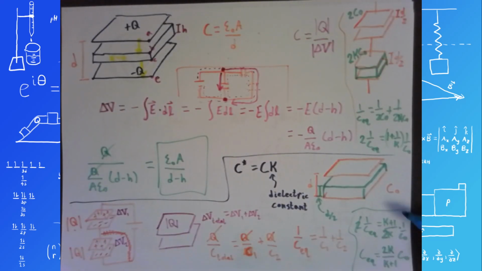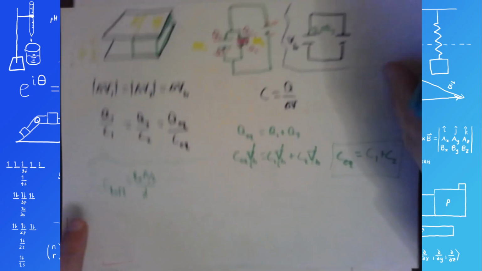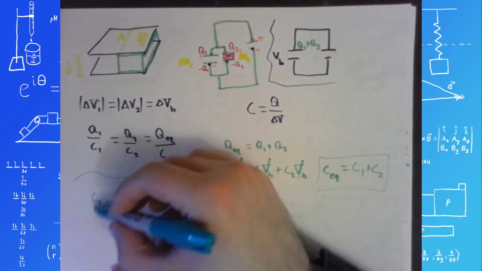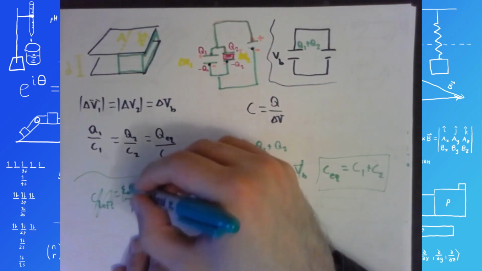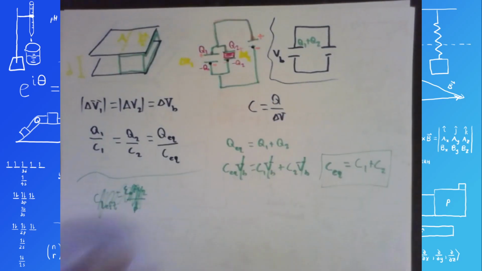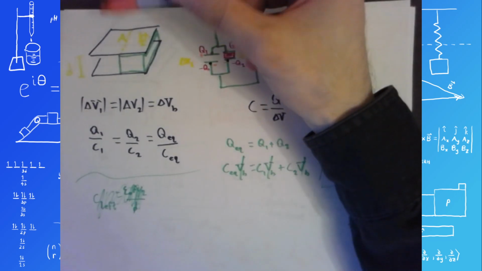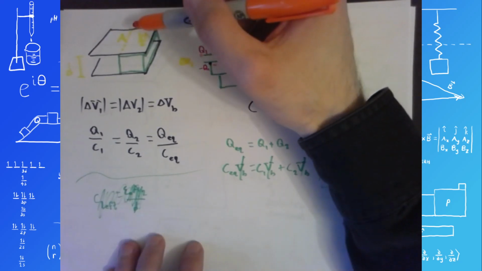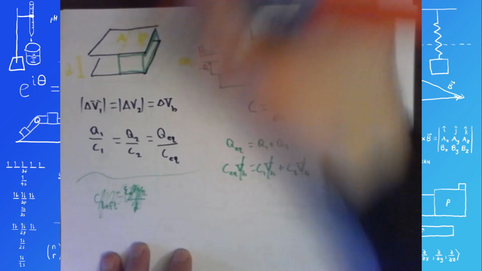That's not what I did over here. I don't know why I'm doing it in terms of the geometry. I guess we could do it in terms of the geometry. That might lead to some interesting results, but that's a separate problem. Anyway, where were we? So I wanted to do left capacitor.